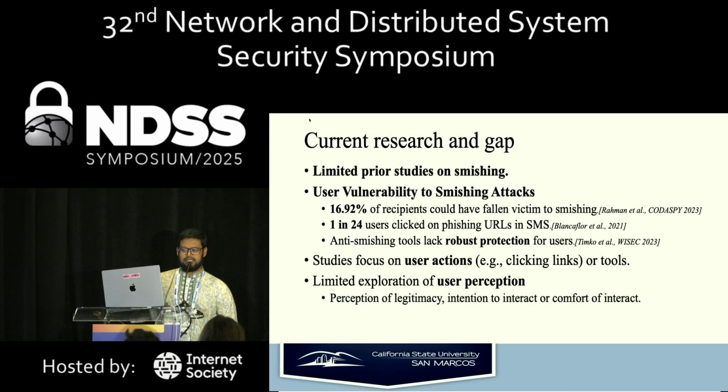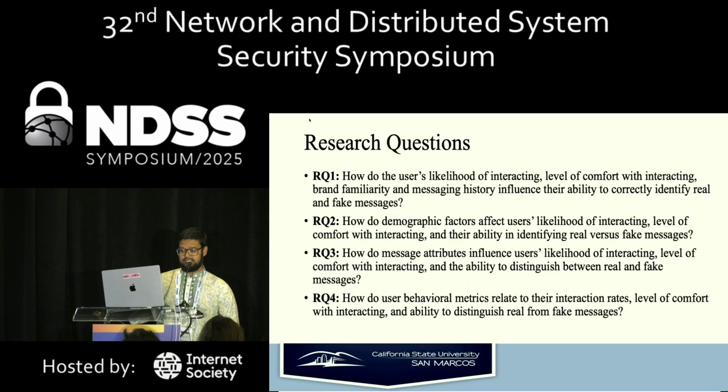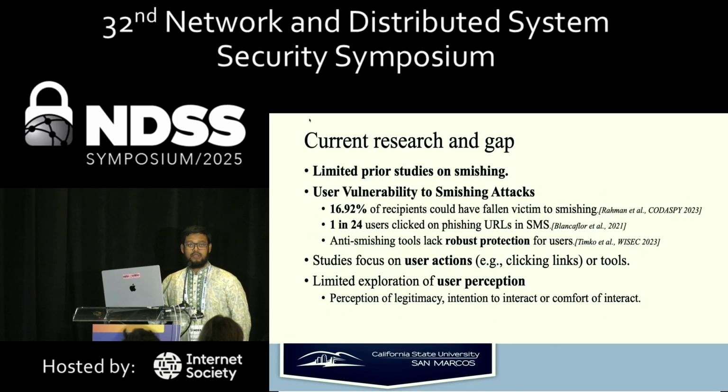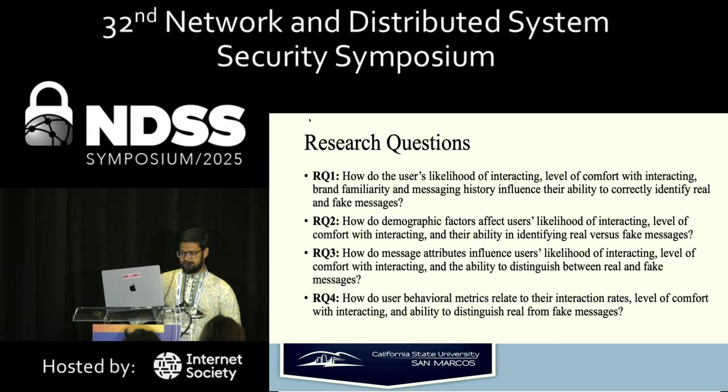So there is limited exploration of user perception. That's why our study fills the gap, where we can understand the user perception of legitimacy, real or fake, or their comfort or discomfort or interaction level. We came up with 4 research questions.